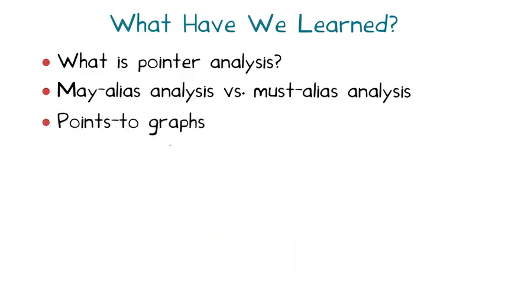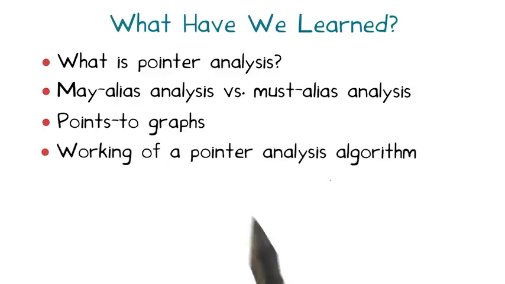You saw what a points to graph is and how it serves as an approximation of the actual state of data during a run of the program. This approximation allows us to conclude a pointer analysis in finite time at the cost of some number of false positives. You also used the points to graph to decide whether two pointers may alias one another.